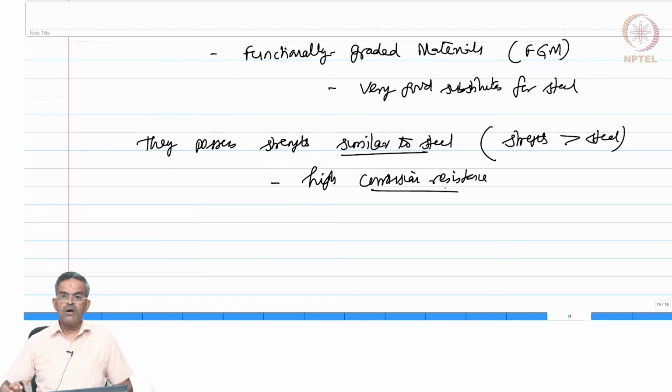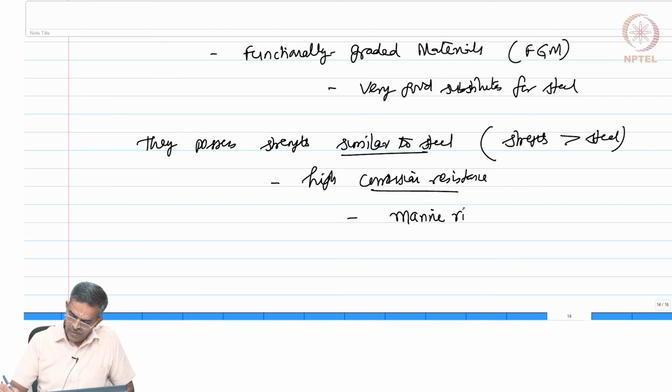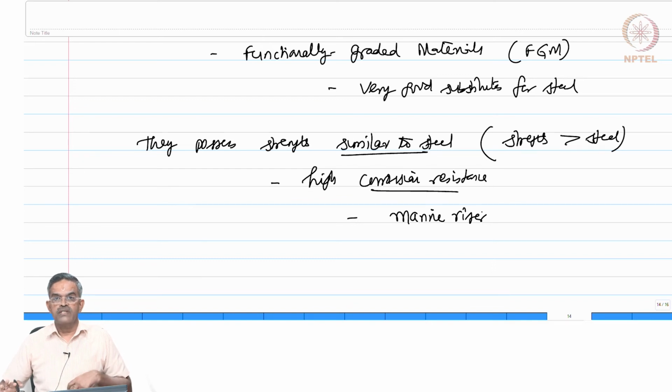So, we will talk about FGM in detail in this course and give you a very clear example application of an FGM for a marine riser, where corrosion is one of the serious problem which still remains unaddressed in the modern engineering era.